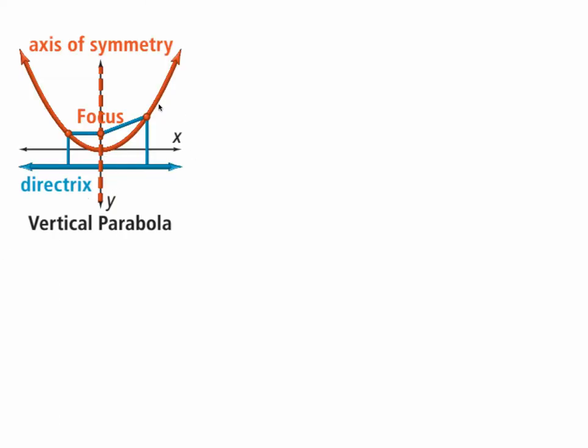If I have a vertical parabola, then the focus lies on the axis of symmetry and the directrix is either above or, in this case, beneath the vertex of the parabola. The focus is the same distance from the vertex as the directrix is.